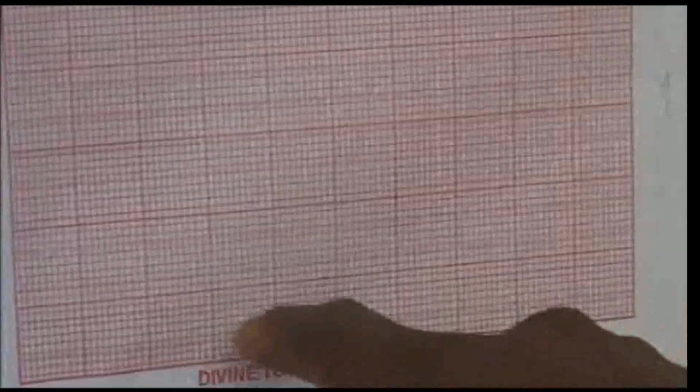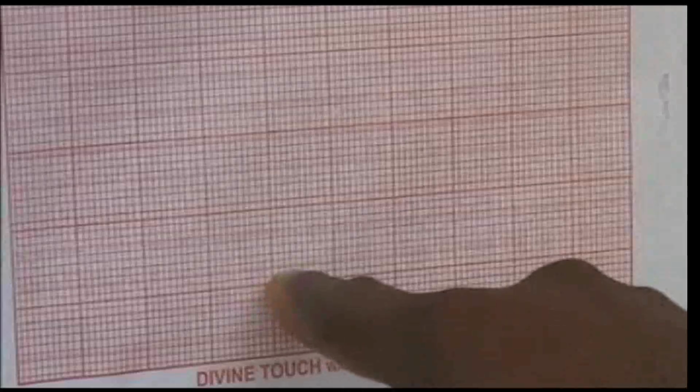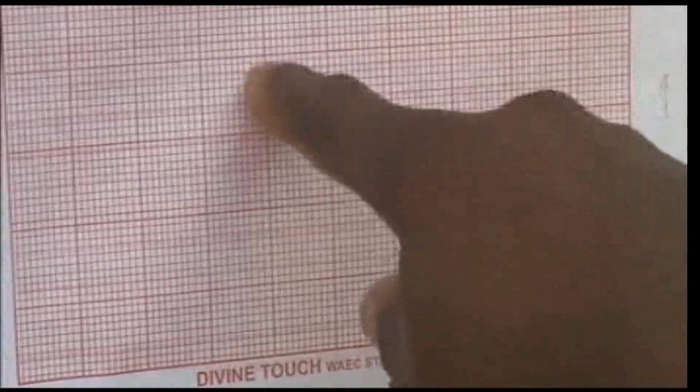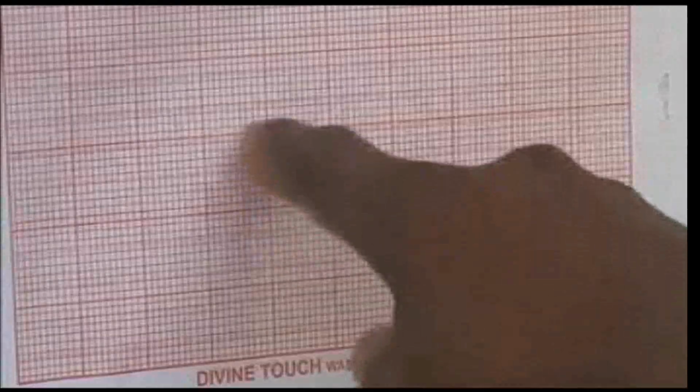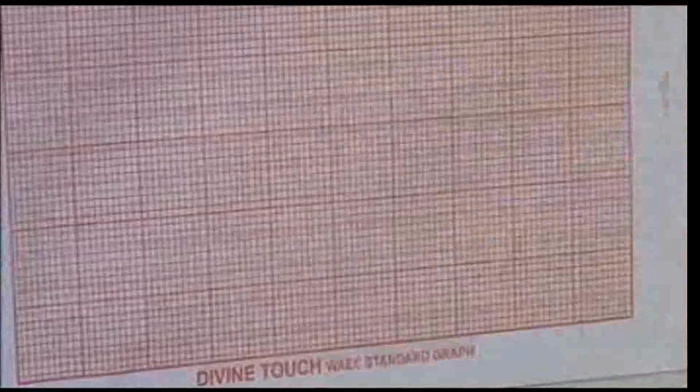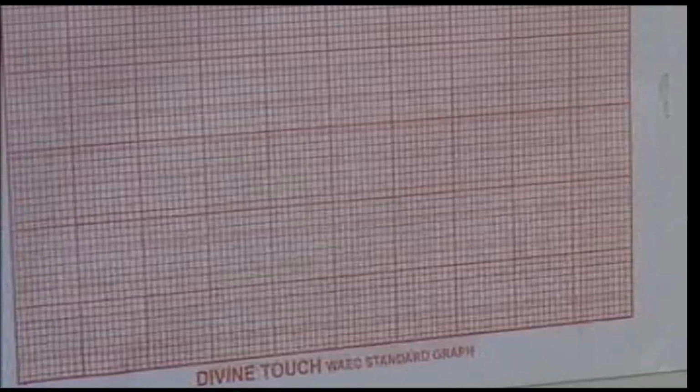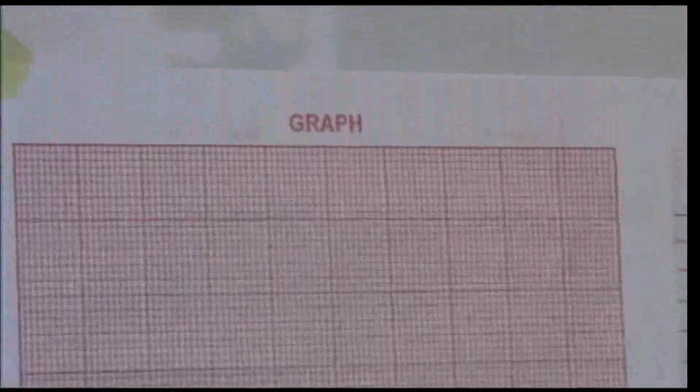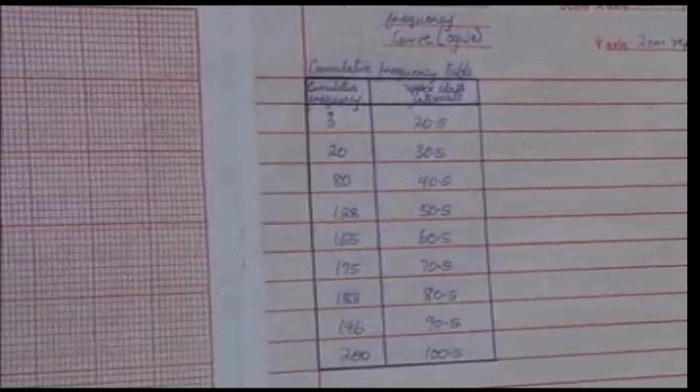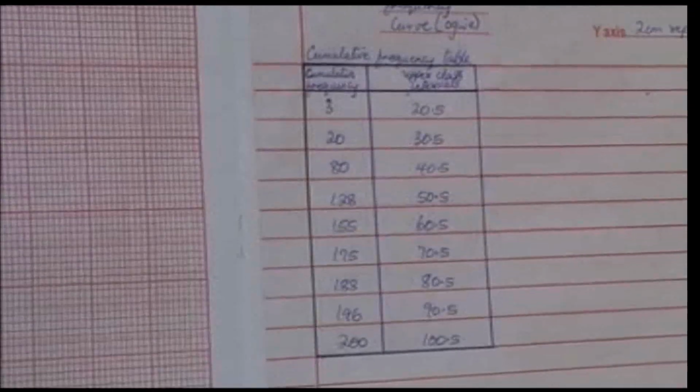That means when you are plotting on the vertical axis, each of these which measure 2 cm, you'll be having 20 units in between them. When next you will see the graph paper, I must have calibrated it. Then we'll go ahead to plot the values we have in our cumulative frequency table.